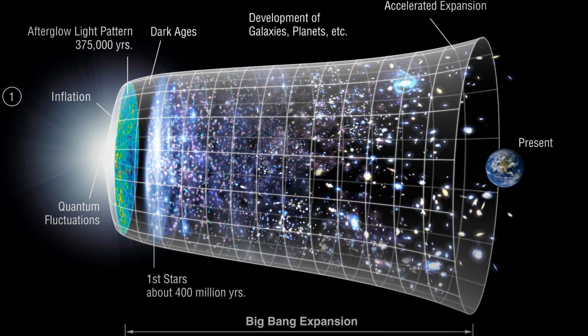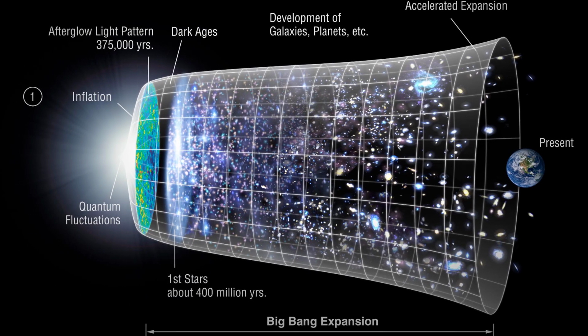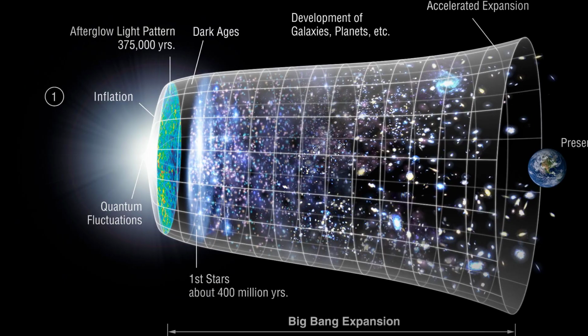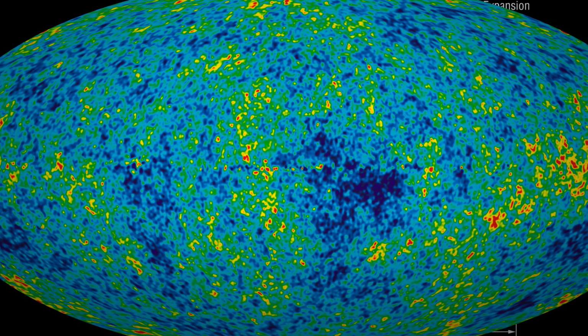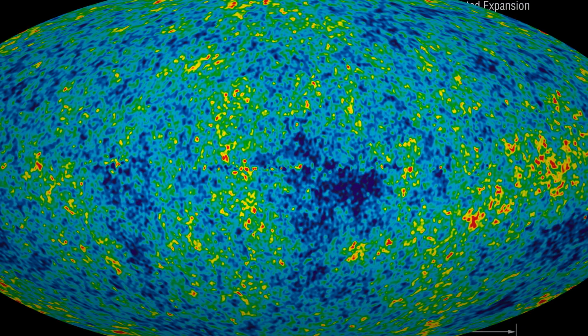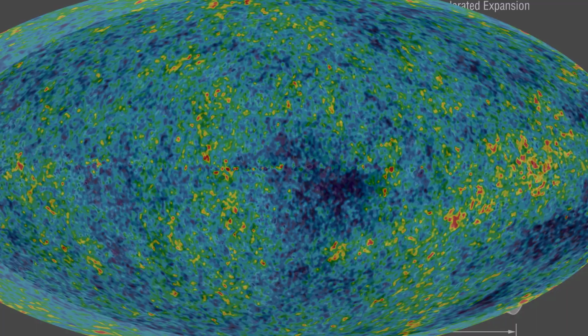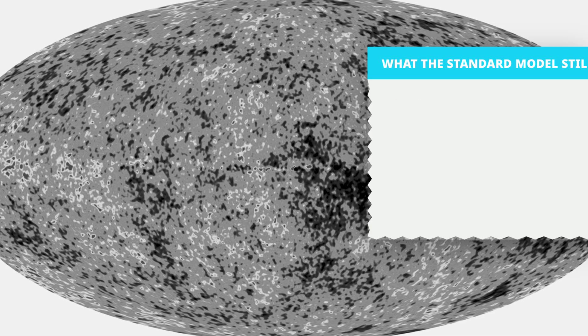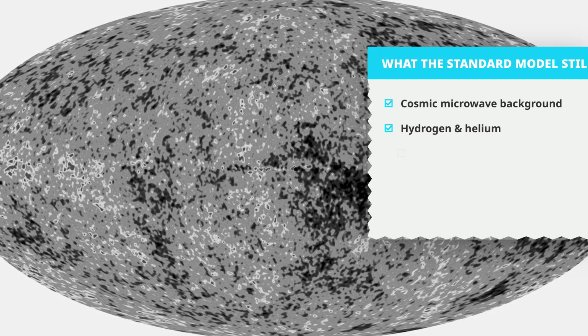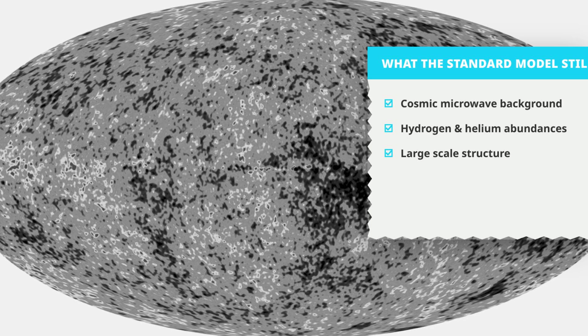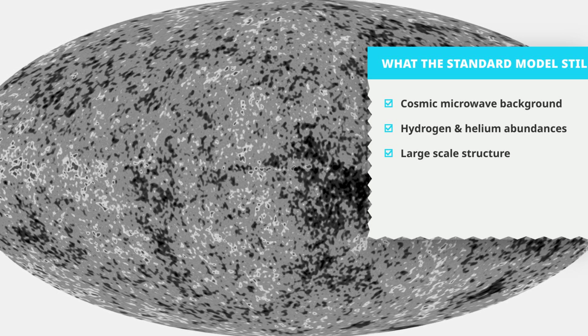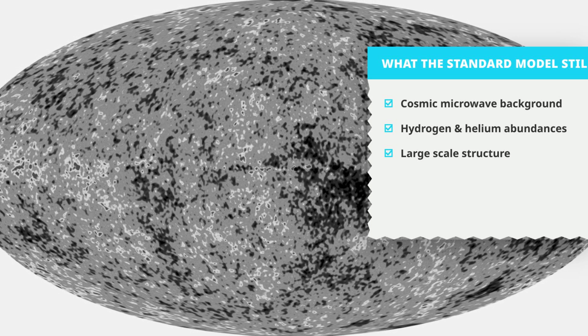What that means is not that we were wrong about everything. The standard model still explains the cosmic microwave background with extraordinary precision, predicted the abundances of hydrogen and helium we observe. It accounts for the large-scale structure of the nearby universe. None of that goes away.